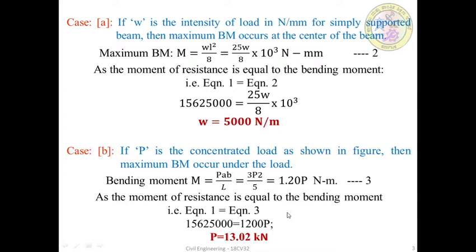So when both are equal, the equilibrium condition exists. From that, we get the value of P equal to 13,020 newtons, or in terms of the applied load, P is equal to 13.02 kilonewton.